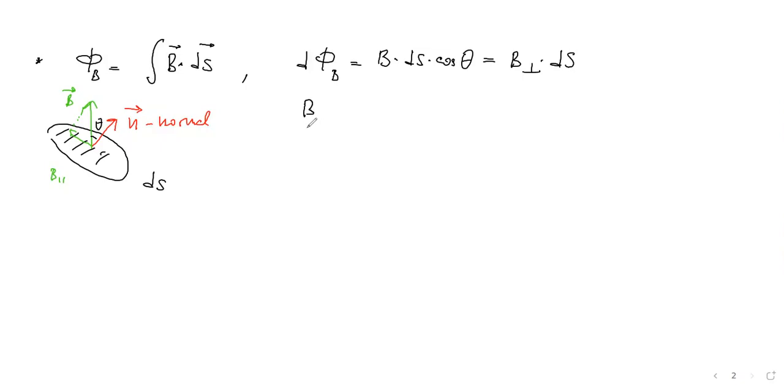So in this equation, B perpendicular is a component of the field perpendicular to the loop, or parallel to the vector n, because vector n is a normal vector. And dS, it's a small area, so it's area. And then in the equation, it's a dot product. That's why I have cos theta.